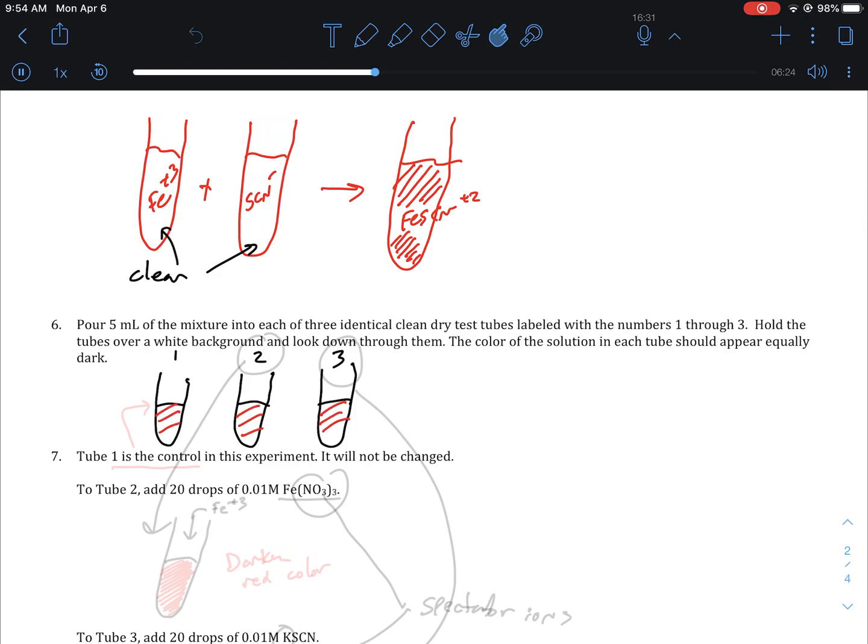And they were all identical because it's the same liquid that we're pouring in there. Tube 1 is the control. So we just let that sit there and we didn't do anything else to it.